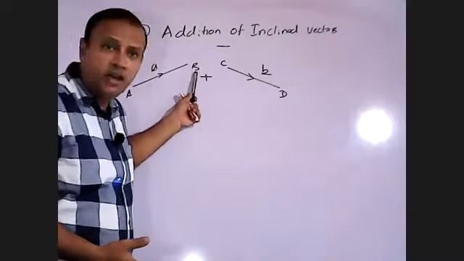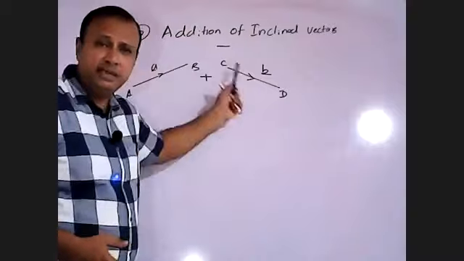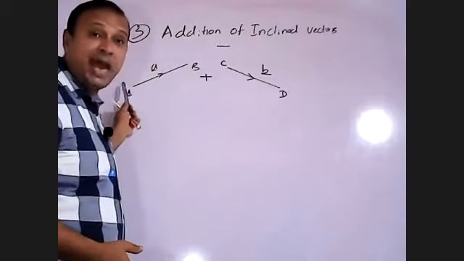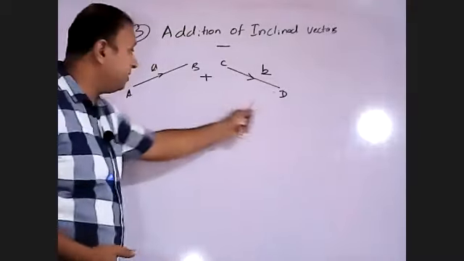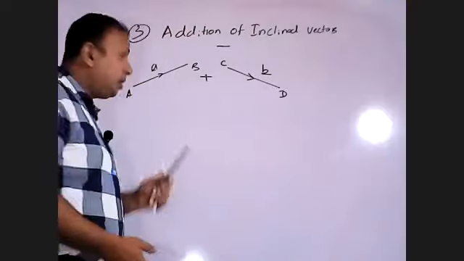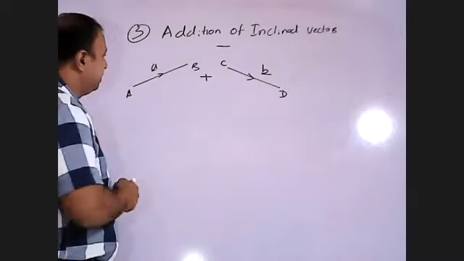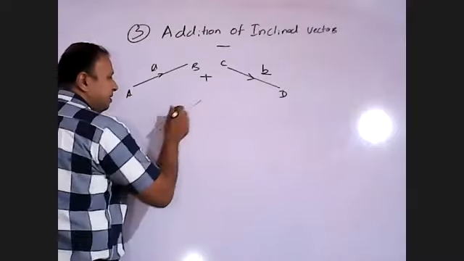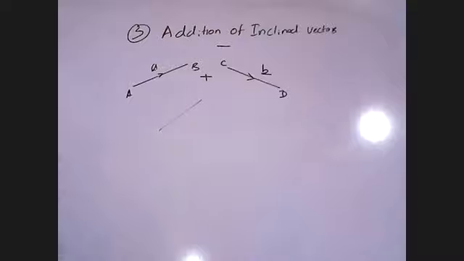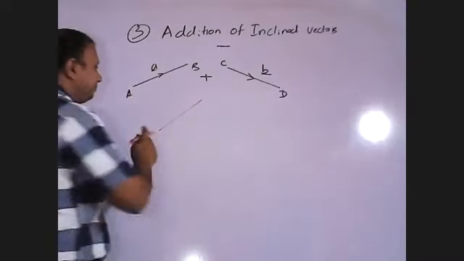First you have to coincide B and C. Then you will have two free ends, which are A and D. You have to connect these two.